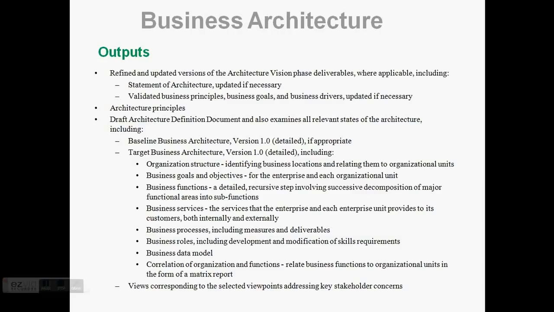Another output is the architectural principles. These are general rules and guidelines, intended to be enduring and seldom amended, that inform and support the way in which the organization sets about fulfilling its mission.